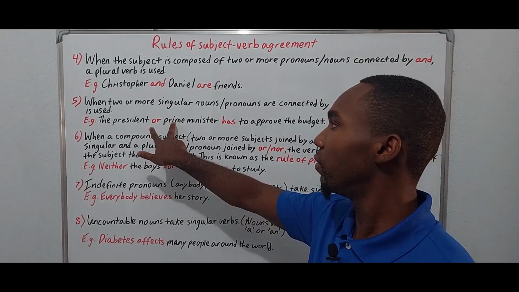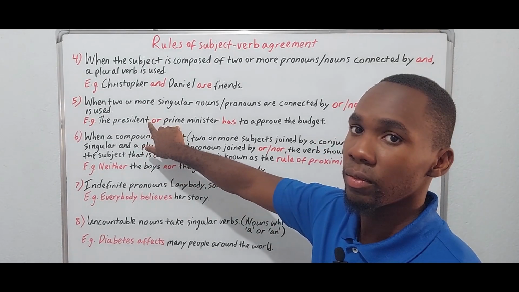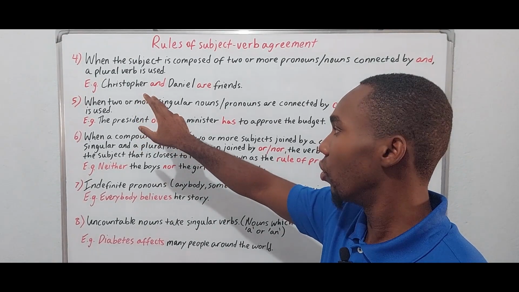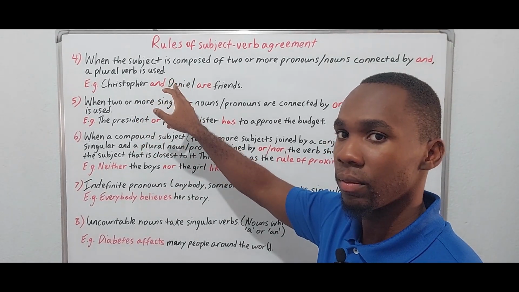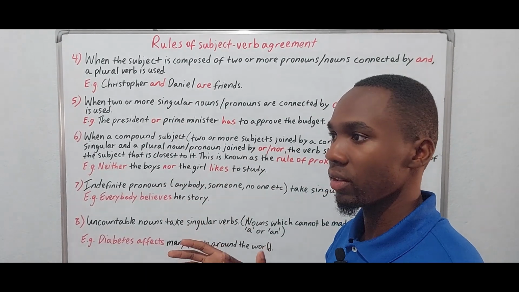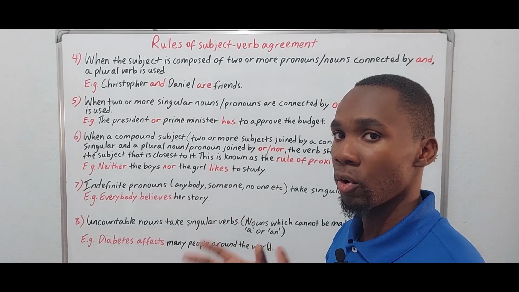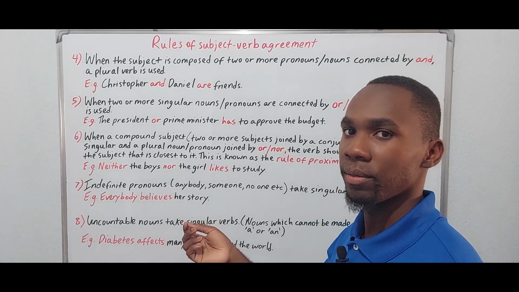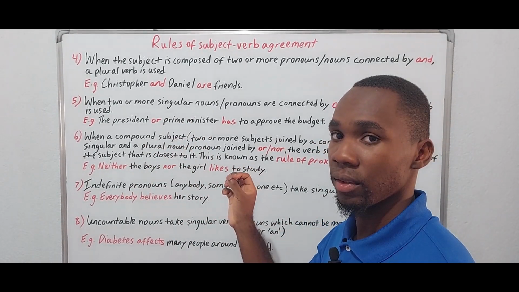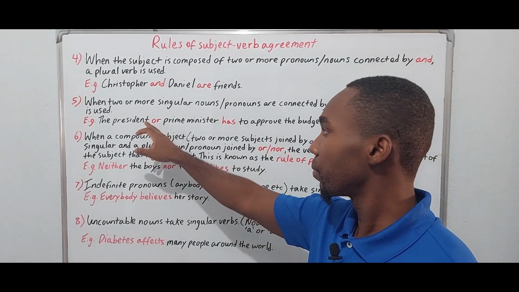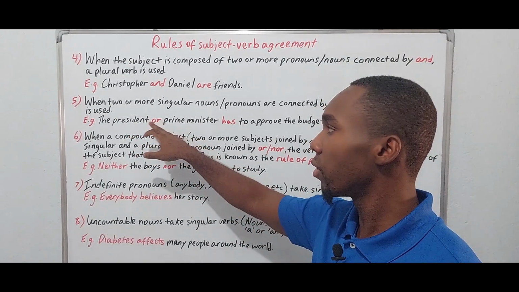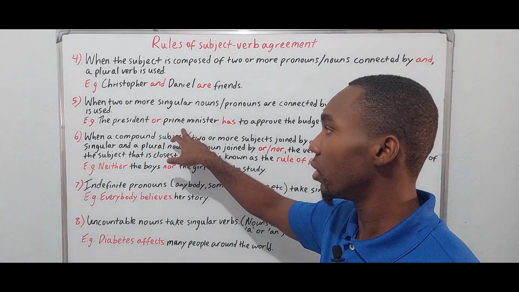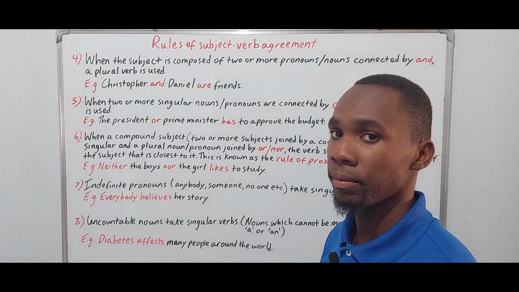So we see we have 2 nouns, right? Or. So this is not the same as and, where there is equal focus on both subjects. Or is like either or, one or the other. Okay? So since both of these nouns are singular, then the verb has to be singular. Right?